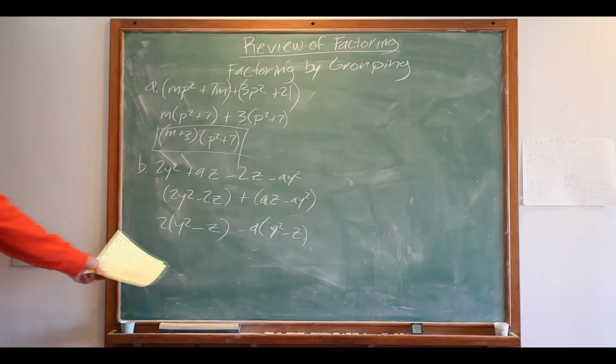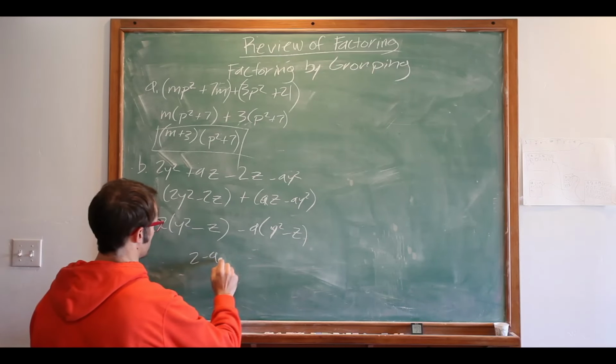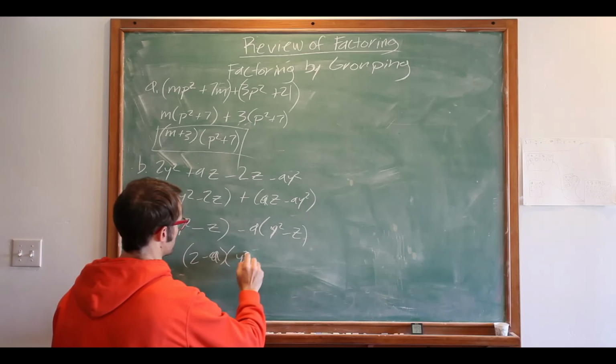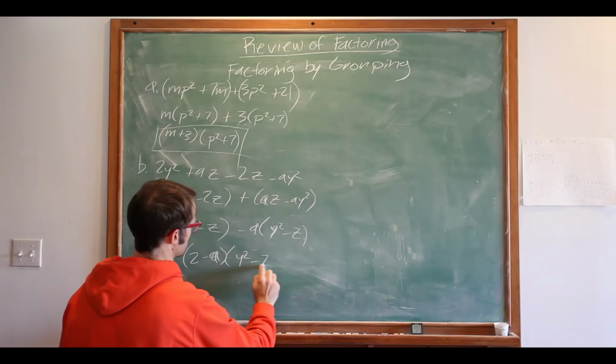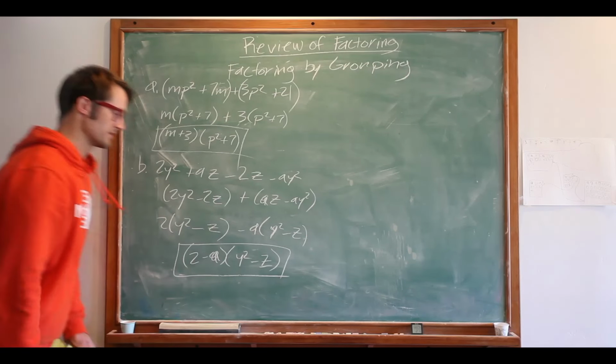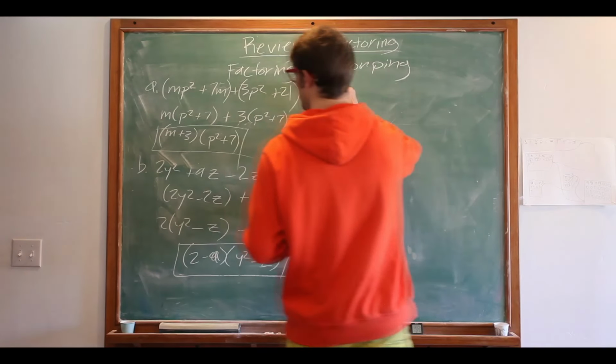And then you can see now we can do our grouping. 2 minus a and y squared minus z. There's your answer. Okay, one more for good luck.